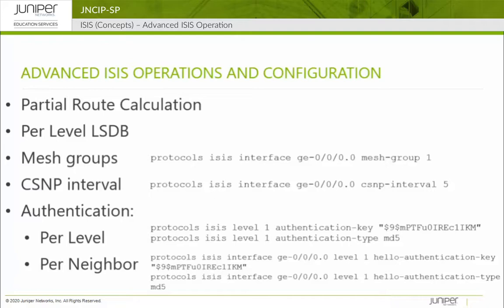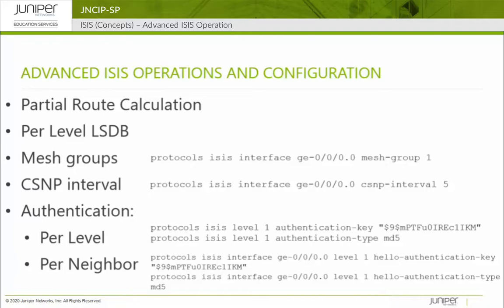In ISIS, there is also the concept of mesh groups. So ISIS is often used in the core of networks. And in the core of networks, we often have a high degree of meshing between devices.